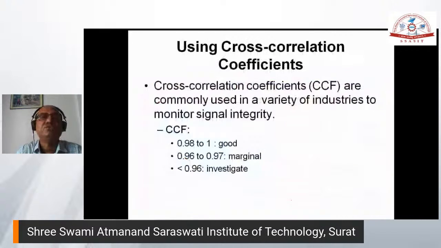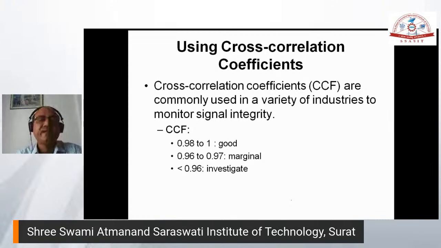So for that, a few parameters are calculated, called the cross correlation coefficient. In each zone, a statistical signal processing parameter, the cross correlation coefficient, is calculated. If the cross correlation coefficient of that particular zone is 0.8 to 1, then we say there is no major variation, which means good condition.